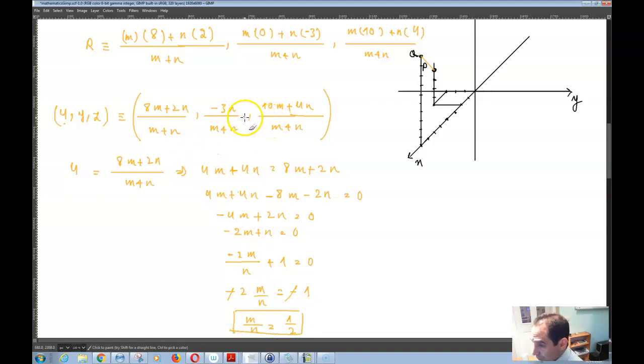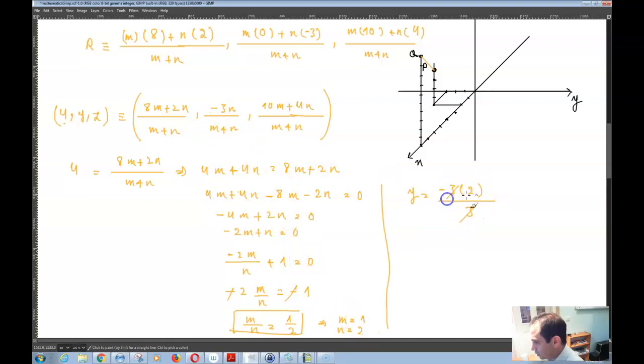So now if m to n is equal to 1 to 2, that means that m is equal to 1 and n is equal to 2. Then your y is going to be equal to negative 3 times n, which is 2, divided by m plus n, which is 3.